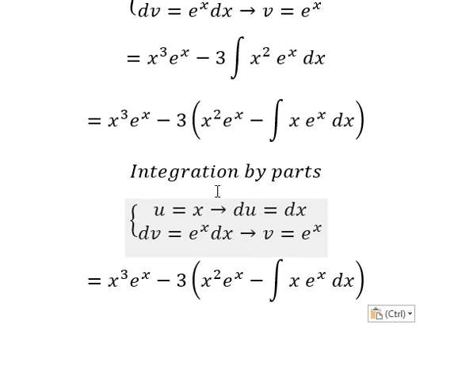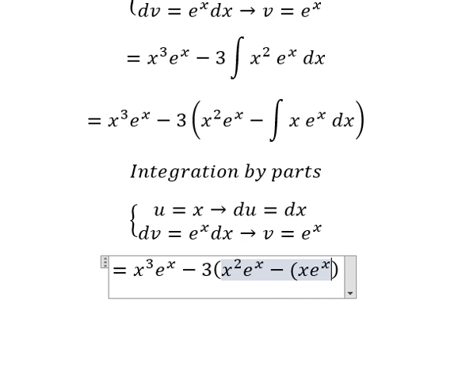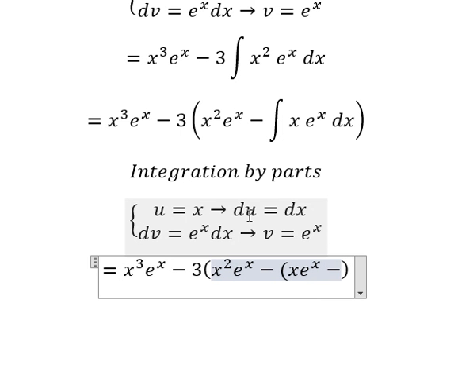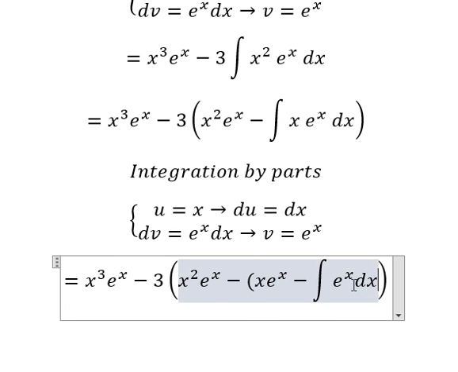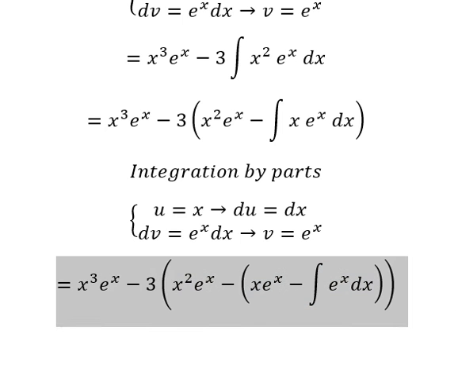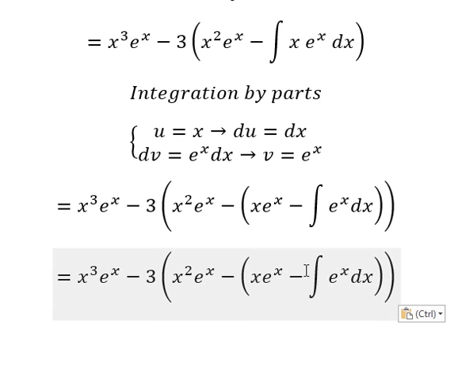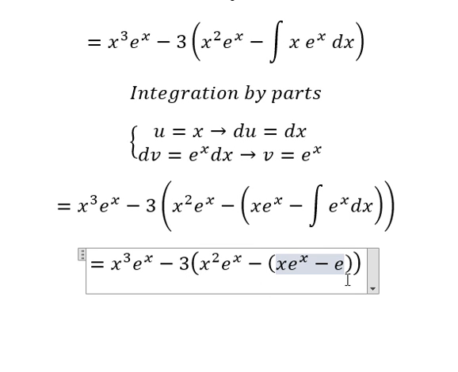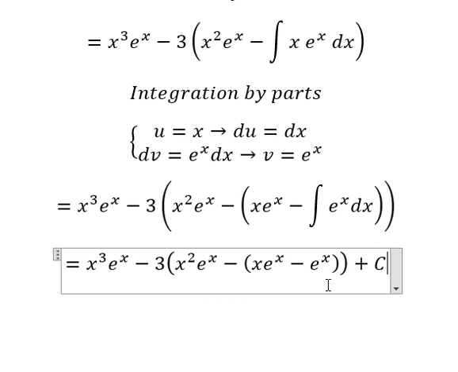So we have u multiplied by v minus the integral of v du. So we have the integration of e to the power of s ds. The integration of this one is e to the power of s, and I will put c.